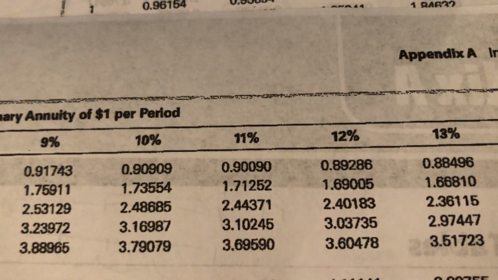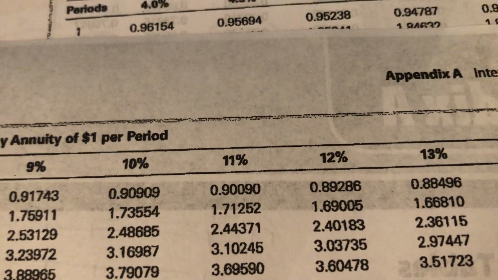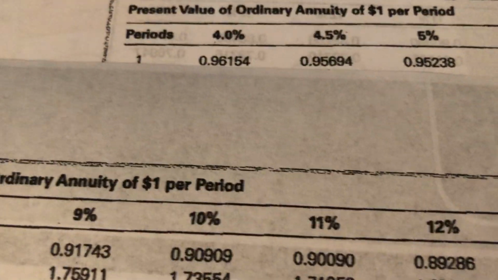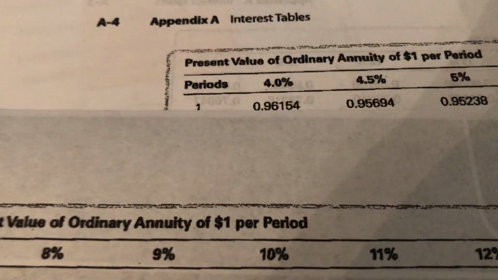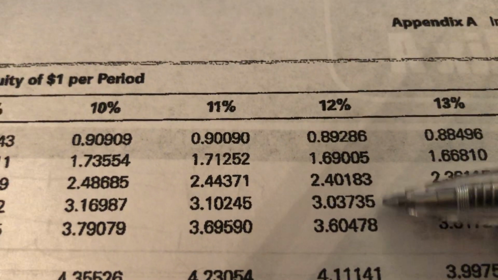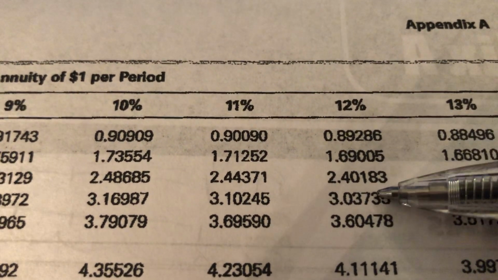Okay, so on your tables where it says present value of an annuity, what you want to do is find the 12% up at the top. Okay, here it is. And you want to come down 5 years. 1, 2, 3, 4, 5.